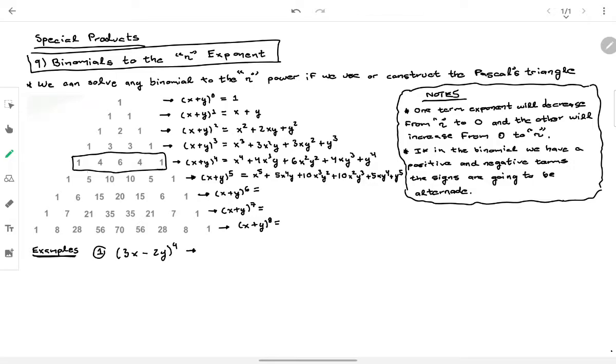It's going to be the first one to the 4th power, plus 4 times the first one to the 3rd power multiplied by the second one, plus 6 times the first one squared multiplied by the second one squared, plus 4 times the first one multiplied by the second one cubed, plus the second one to the fourth power.